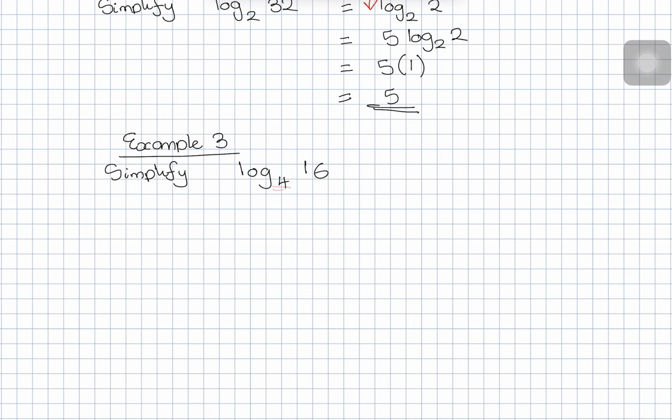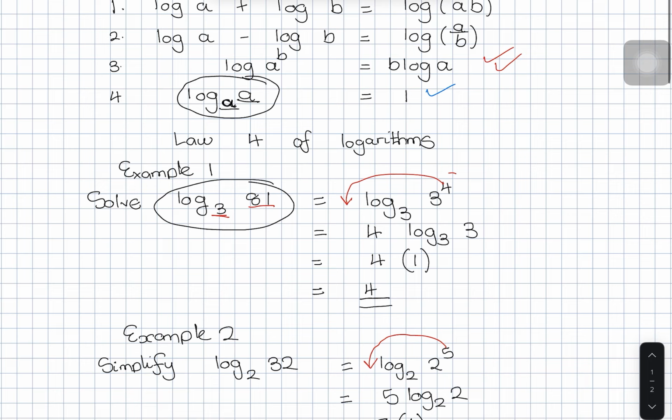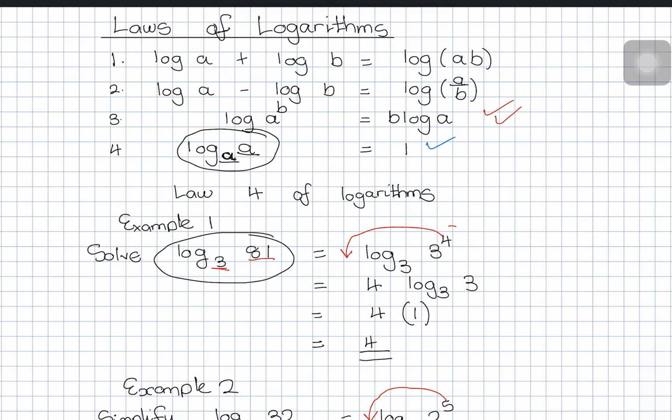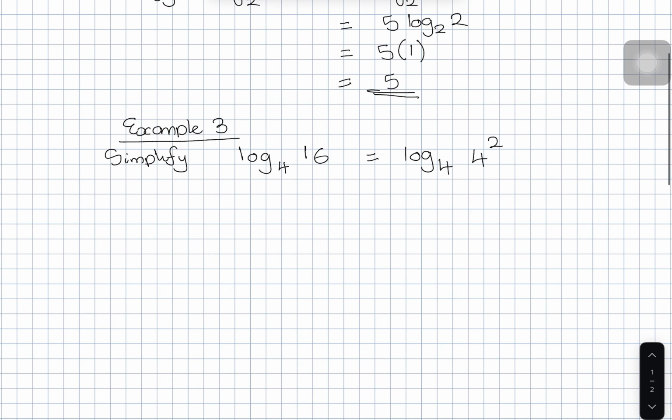Since we want to express that 16 in terms of 4, how are we going to do that? This is how we'll do it. Log base 4, what is 16? It's 4 to the power 2. Well done if you got it correct, because 4 times 4 is 16. Then the next step is law number 3. We are going to bring our 2 down here.